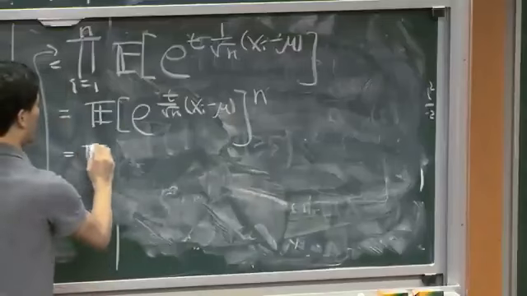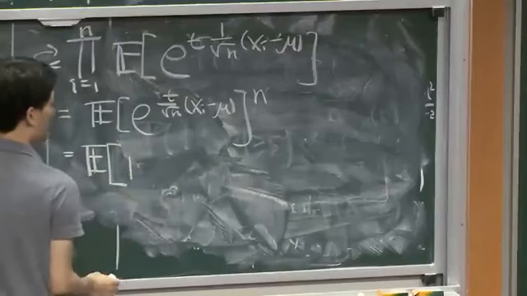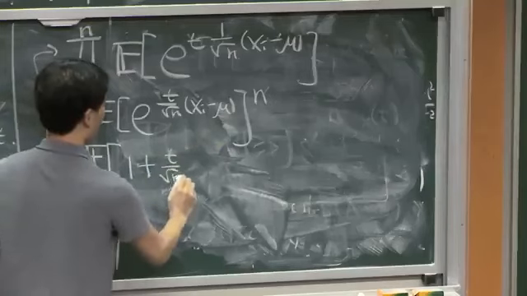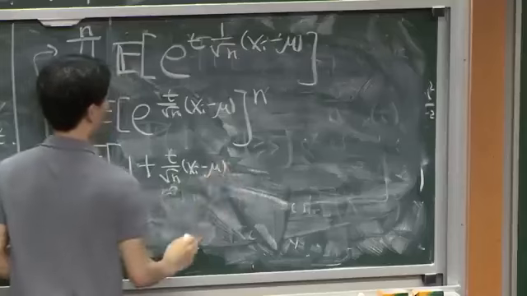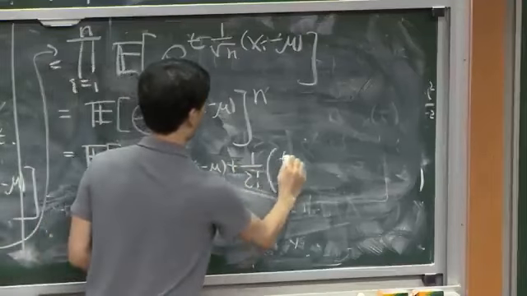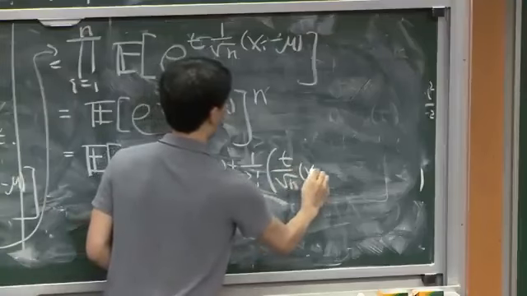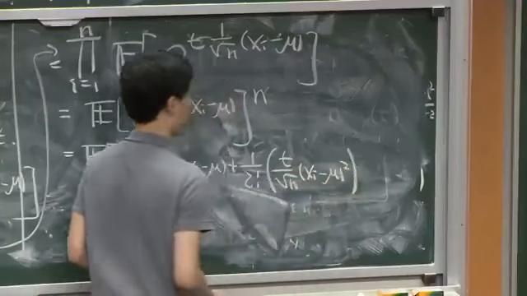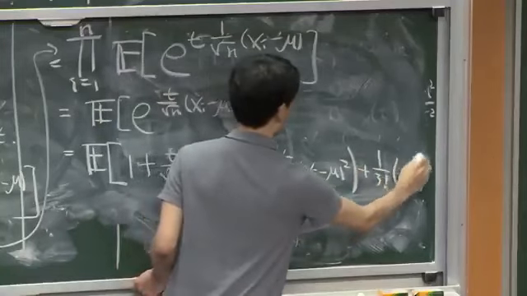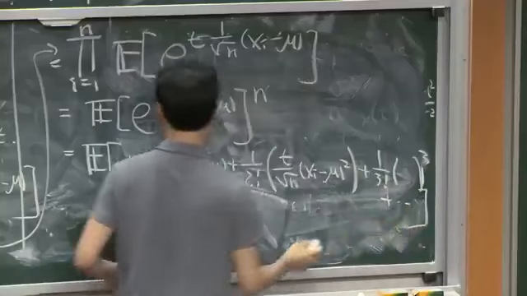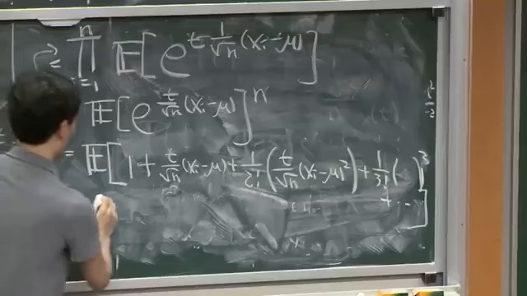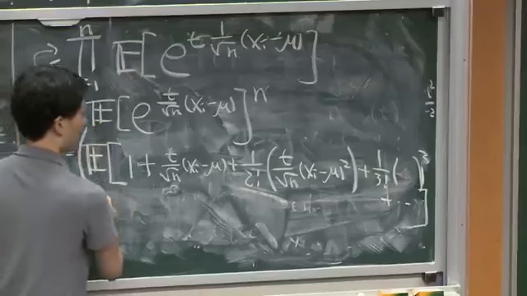What we get is the expectation of 1 plus t over square root n (Xi minus mu) plus 1 over 2 factorial times t over square root n (Xi minus mu) squared plus 1 over 3 factorial times that cubed, plus so on, all to the nth power.